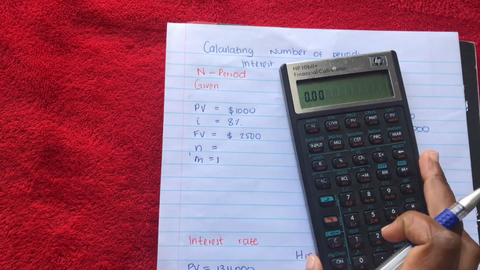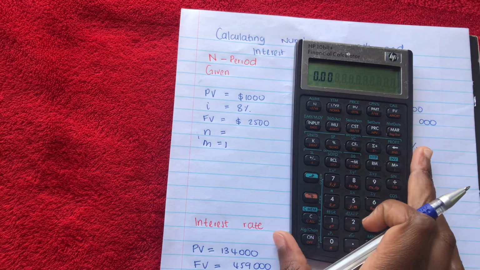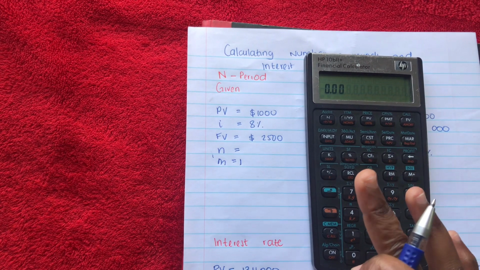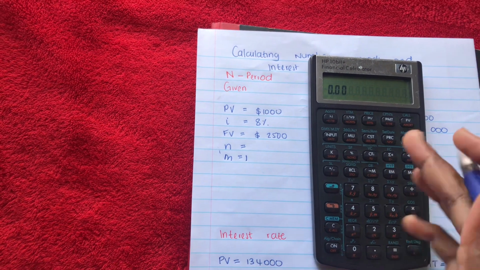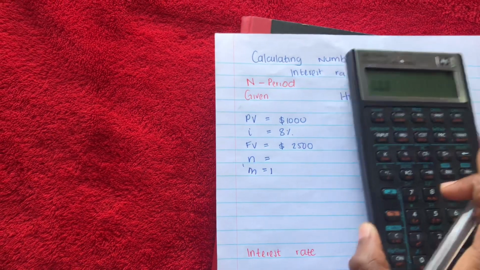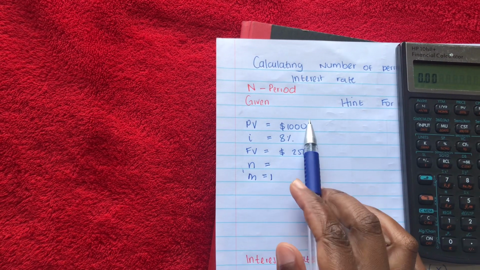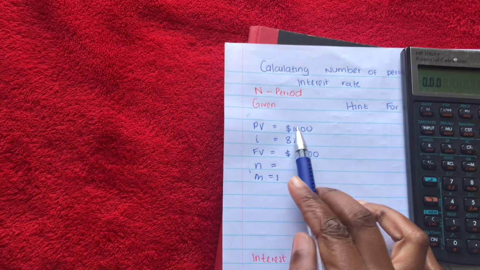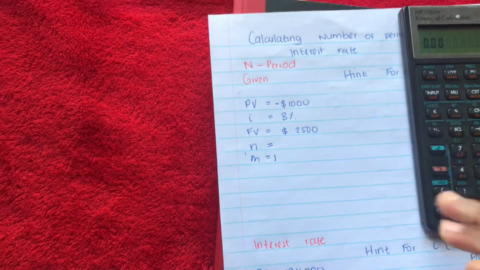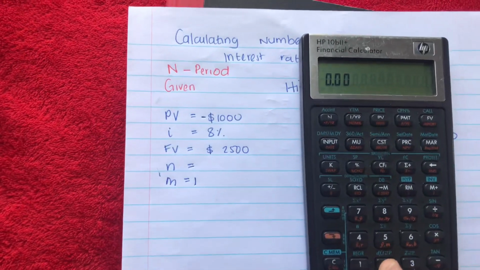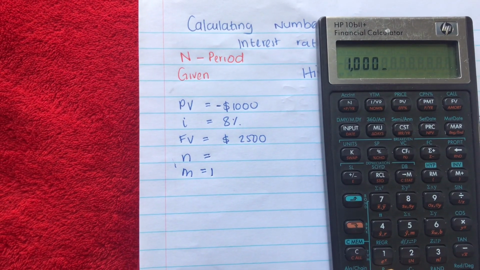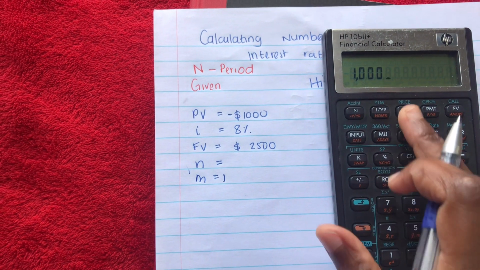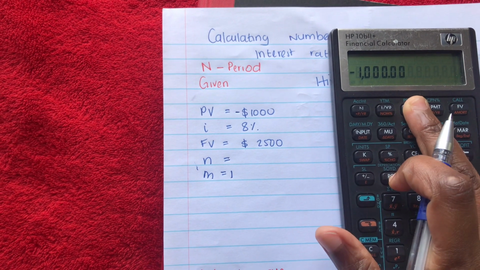We are just going to have our PV, future value, I, and then find N. And as I've said before, you need to give something in order to receive something, so we are going to make this negative. We are going to say $1,000 as our PV, with a minus here.